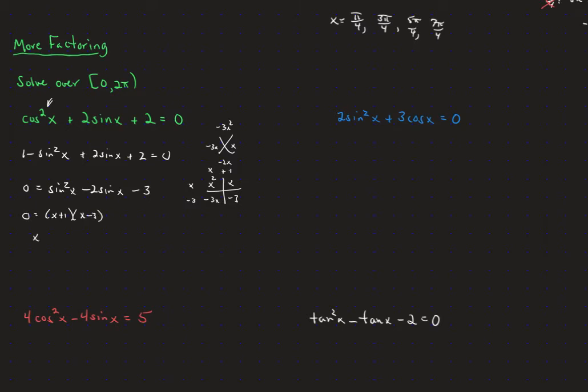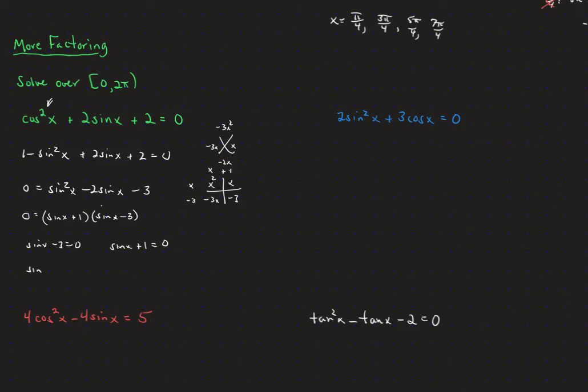So that's going to make x be, or sine x, sorry. Let me go back to our signs. So that's the sine of x plus 1, and the sine of x minus 3. Now we're going to set these each equal to 0. So sine x minus 3 is 0, and sine x plus 1 equals 0.